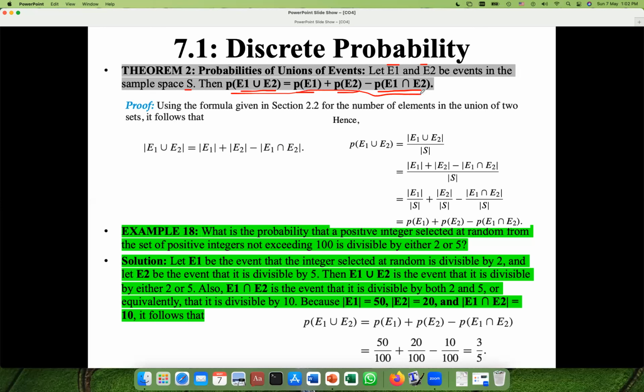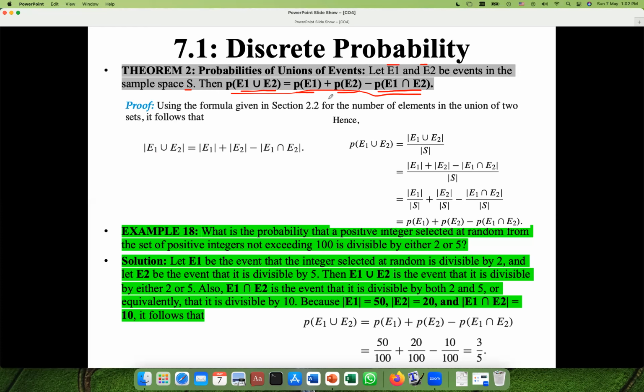Maybe in section 2.2, when we were in CO1 or CO2, we saw the union of two sets. The union of two sets is simple, but the size of the union is not simply equal to that sum, without the subtraction.